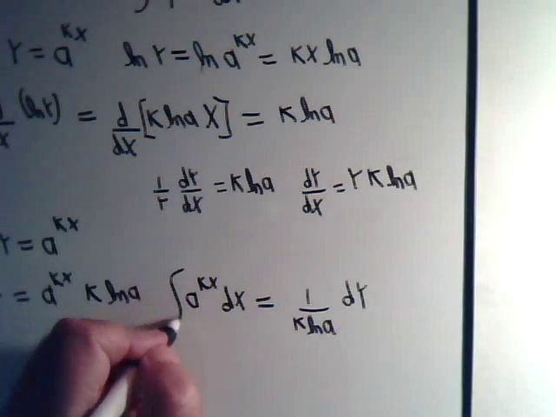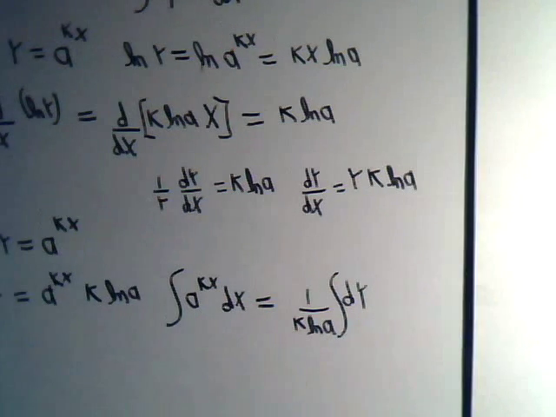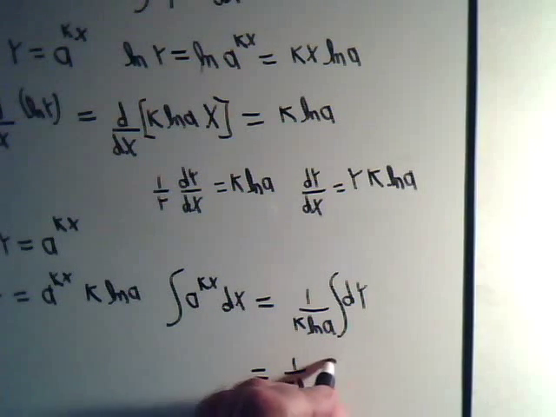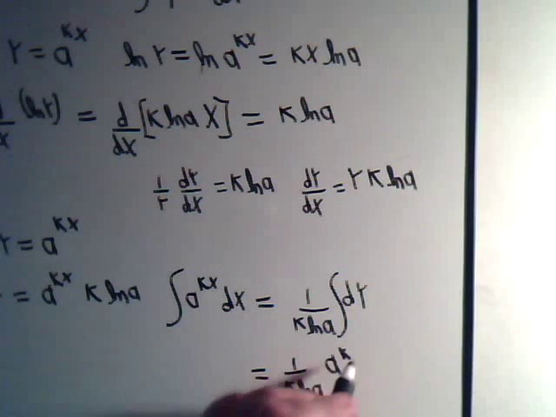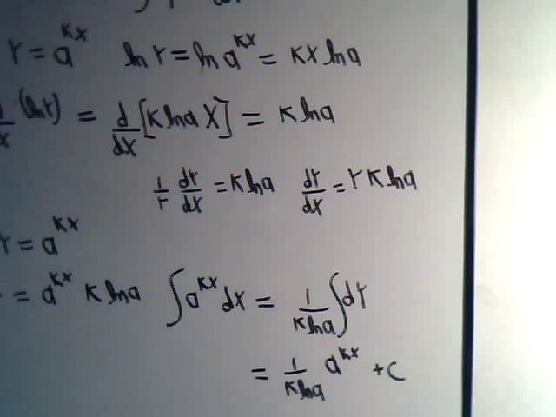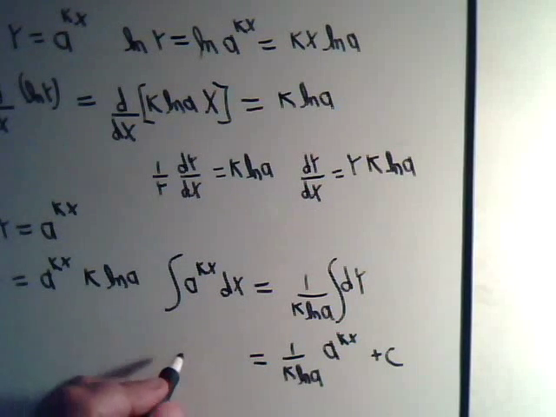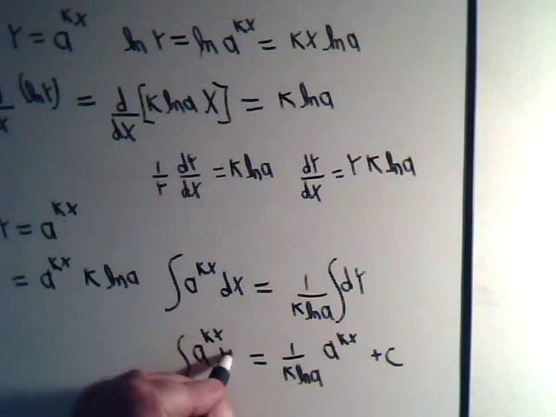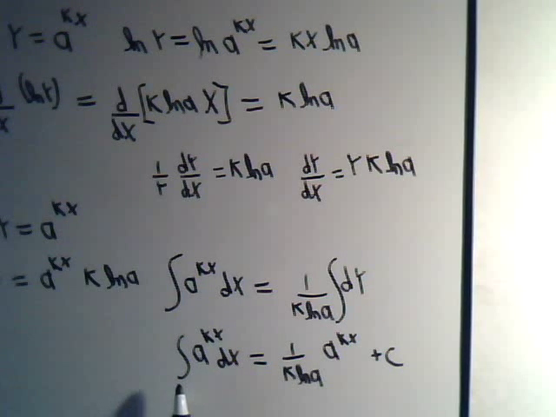For the integral of this, these are just constants, so the integral will equal 1 over k times the natural log of a times y. But y is a to the kx. So we get an expression for this integral: 1 over k times the natural log of a times this expression, plus an arbitrary constant of integration.